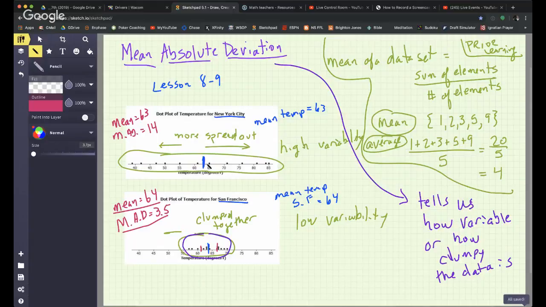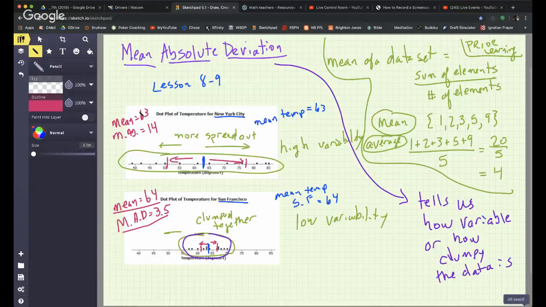Up here, our average distance from the middle is 14. Does that make sense? Here's our average distance, a lot bigger. Here, our average distance is pretty close.